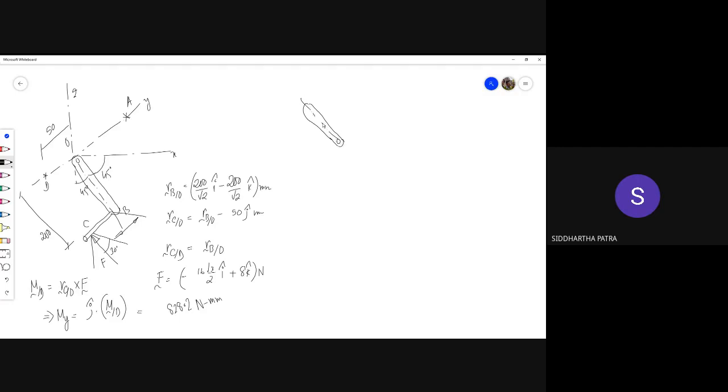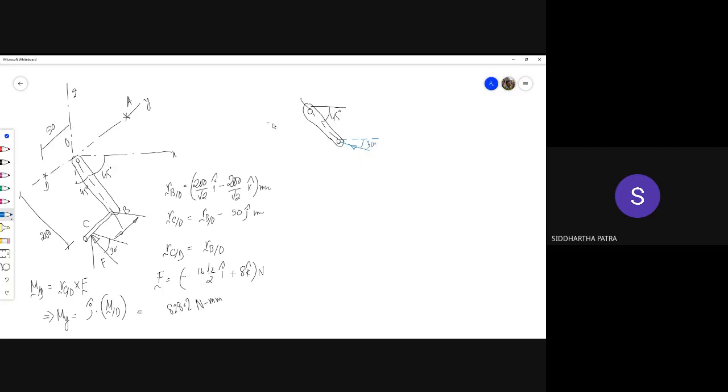So this angle is 45 degrees, and this force makes an angle of 30 degrees.